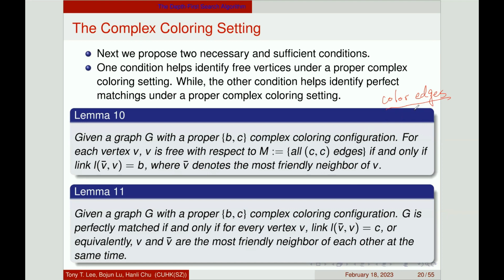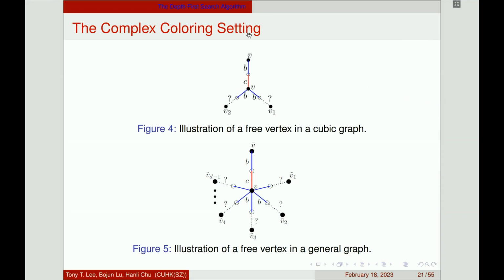It's really special. And this way of coloring edges could help us to identify more structure of the graph. So this is really interesting and important. I would first show you some examples of the graphs. We give the edges colors because we use them to facilitate the search.